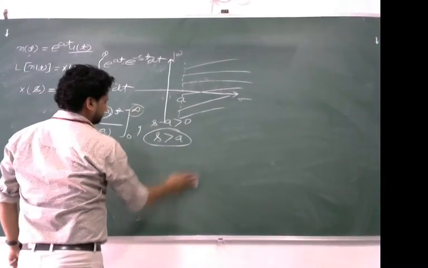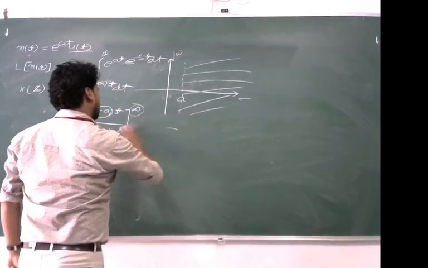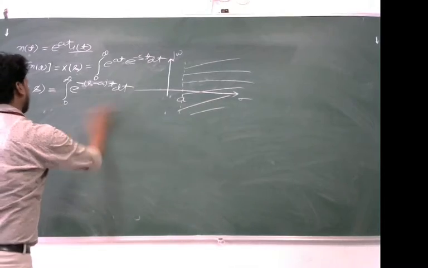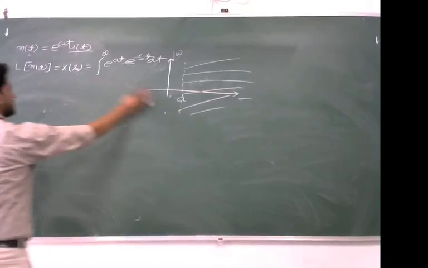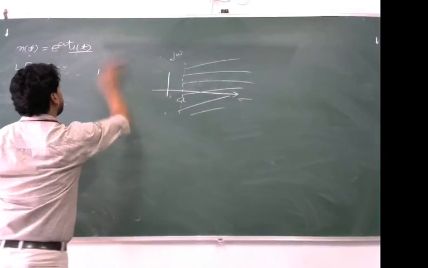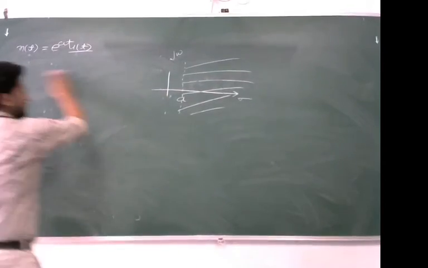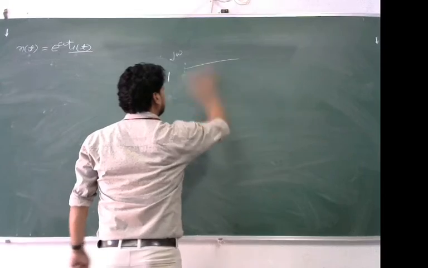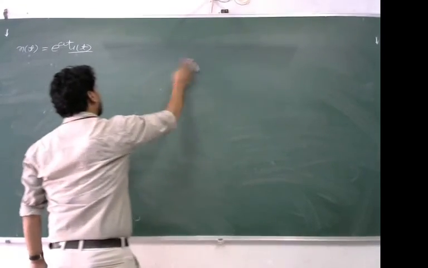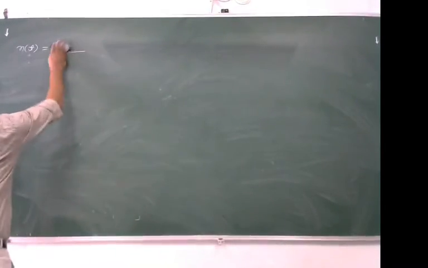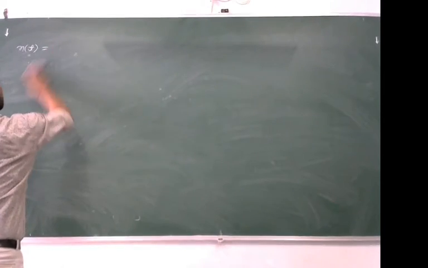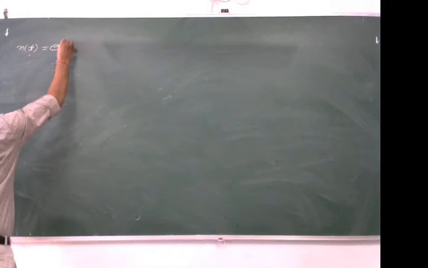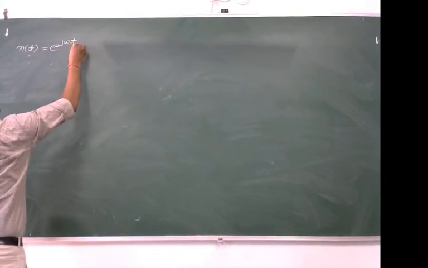Now consider another example. Suppose x(t) is equal to e^(j omega t) u(t).